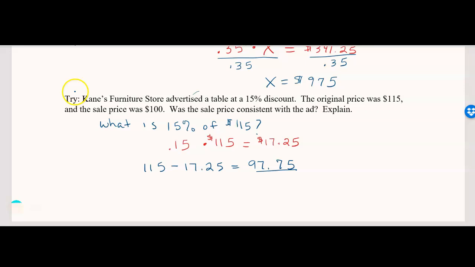That's the answer we got. And hence, the sale price is not consistent with the discount because, and I'll just write this here, out of $100, it was $2.25 higher. All right, and that concludes our finance chapter or section on percents, decimals, and fractions.